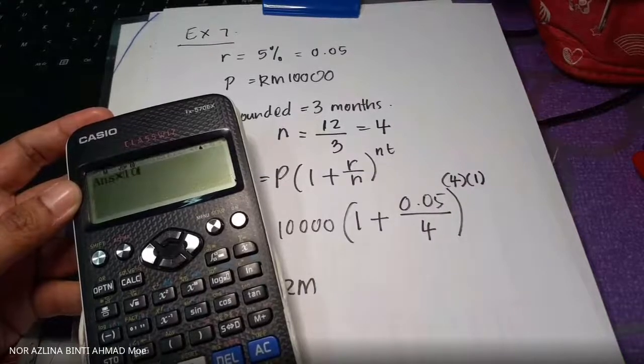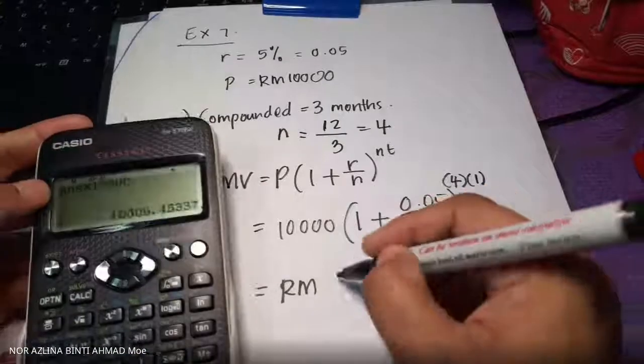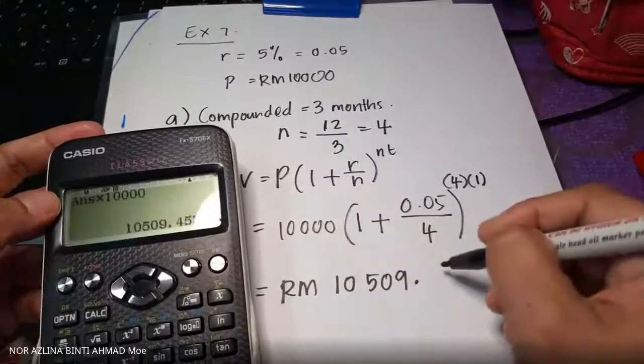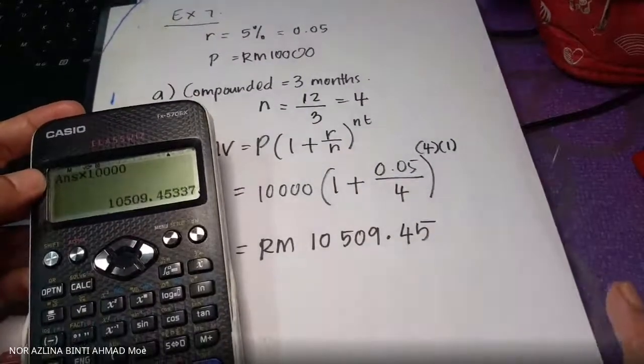Multiply 10,000. So we get 10,509.45. Please round off.